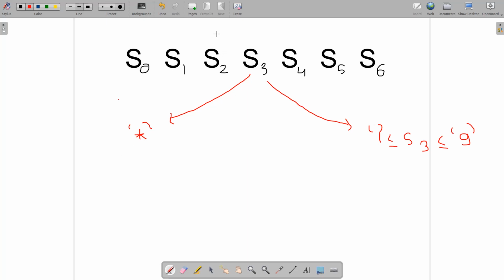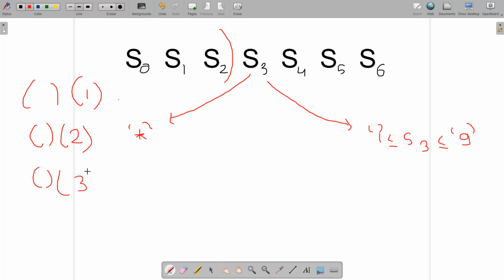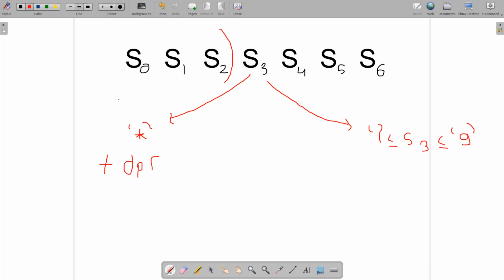I can partition over here, like S3 can be 1, 2, 3, and it goes up to 9. So there are 9 ways, right? My answer should be incremented by plus whatever the number of ways I can reach up to DP of I minus 1, because I am partitioning over here.